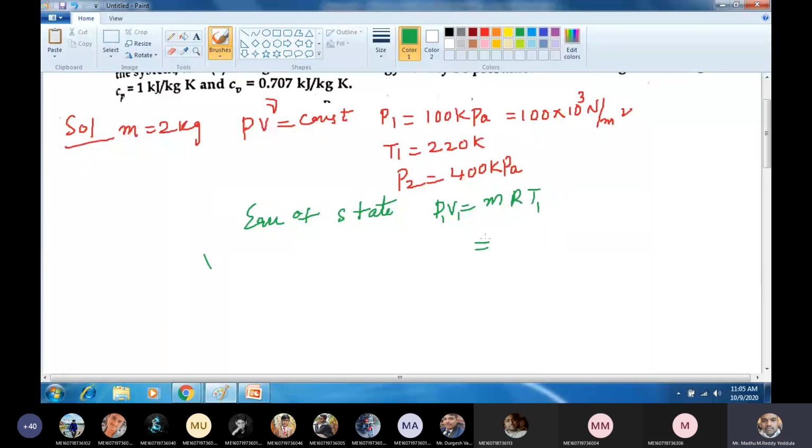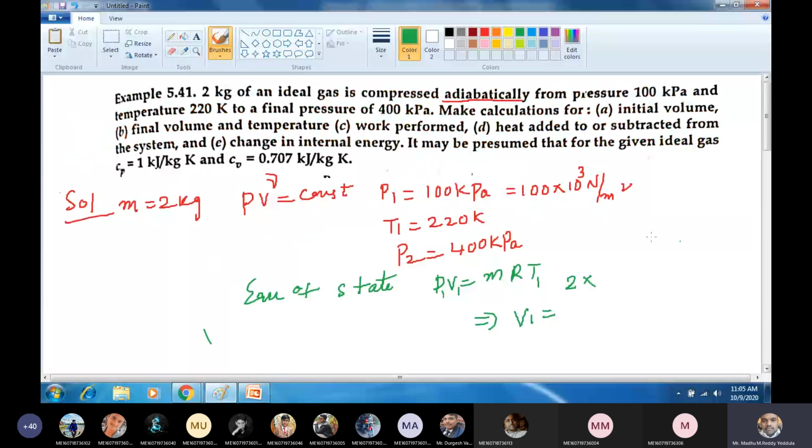From this, V1 is equal to mass, 2 kg, times R. How to get the R value? You have CP and CV: R is equal to CP minus CV. So indirectly you can calculate the R value. R is 0.297. Check it.